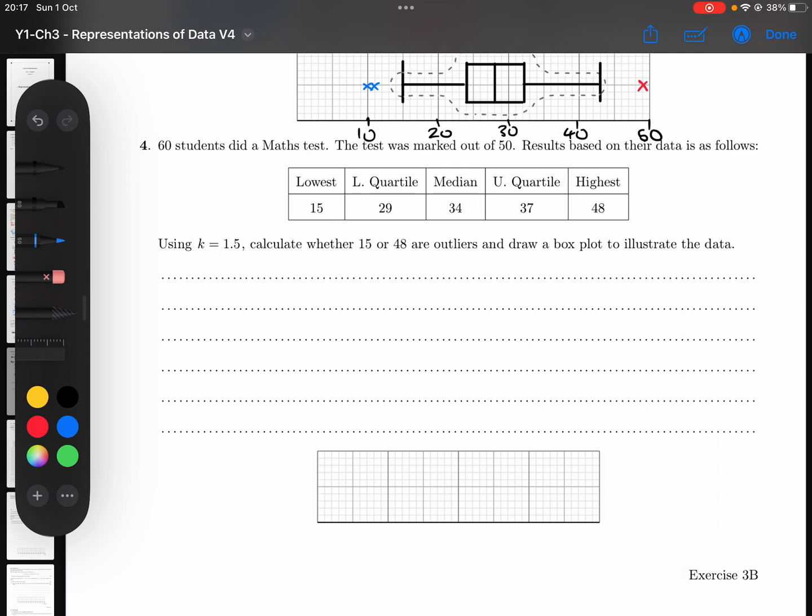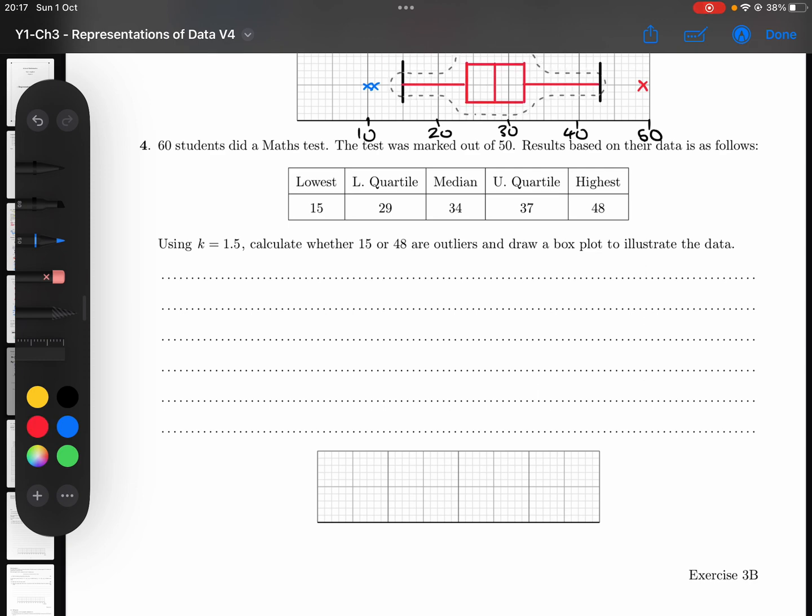So, before we draw this box plot, we need to decide, are there in fact any outliers in this data set? We are told that using k equals 1.5, calculate whether 15 or 48 are outliers and draw a box plot to illustrate the data.